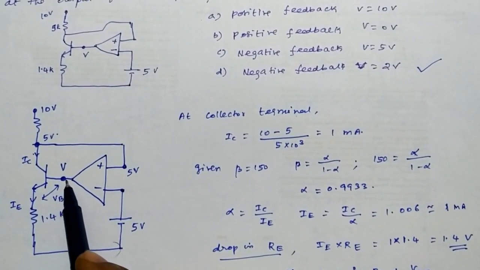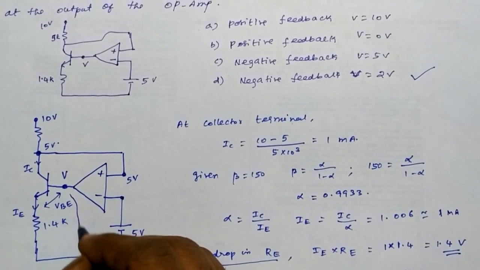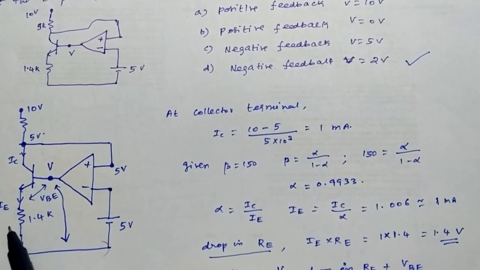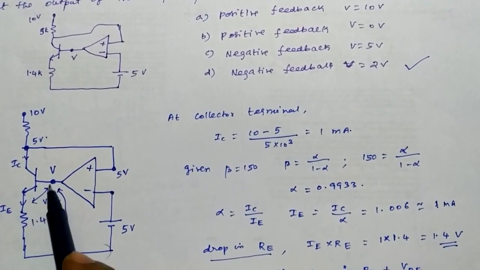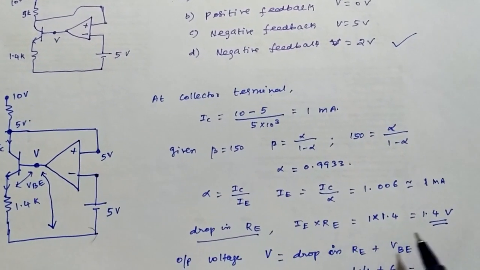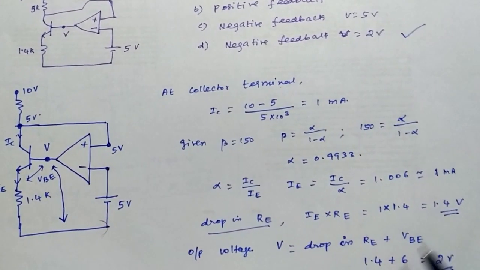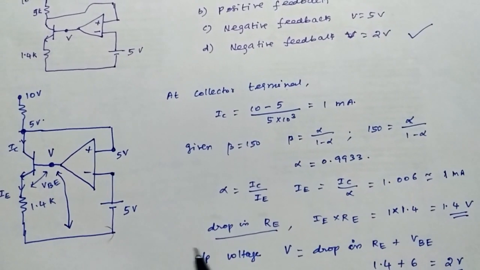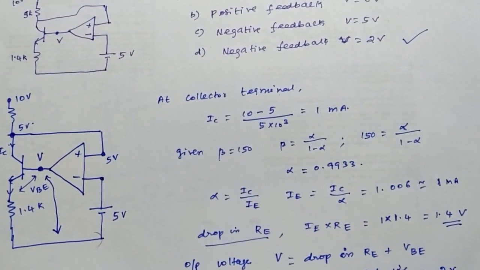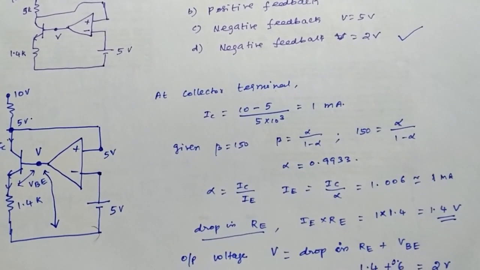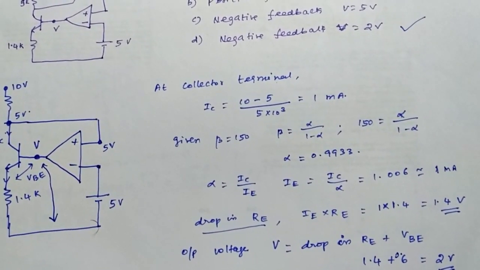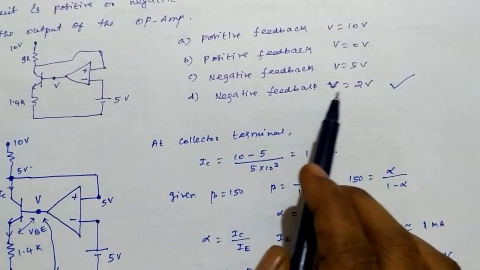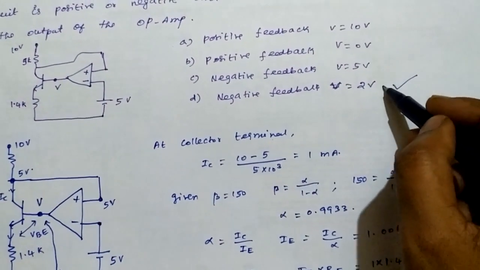So this voltage is nothing but the drop in this resistor plus VB. The drop in this resistor is 1.4 volt, and VB is given as 0.6. So combined together, we get the answer as 2 volt. Among the given choices, V is equal to 2 volt. So this is the answer.